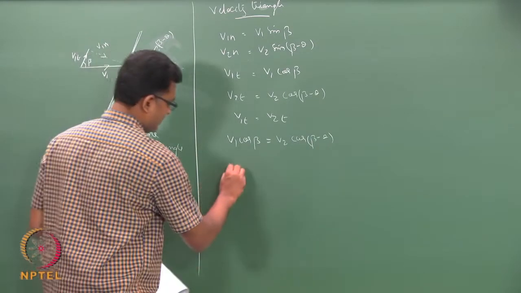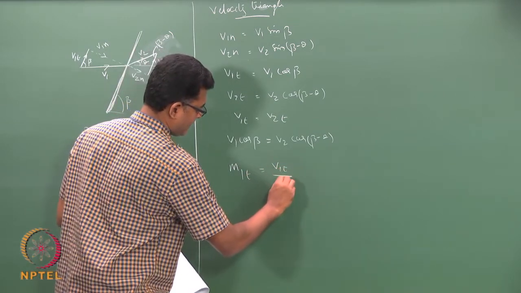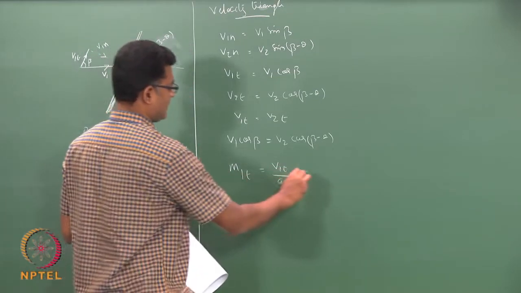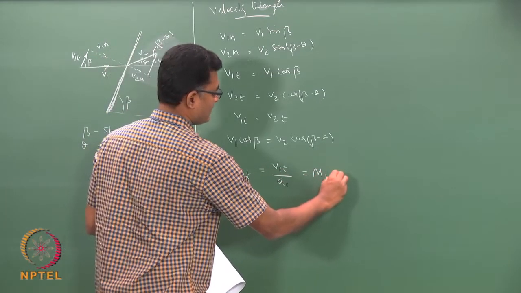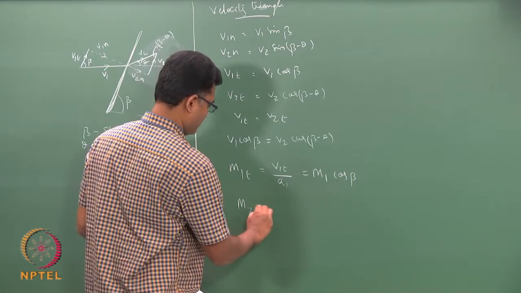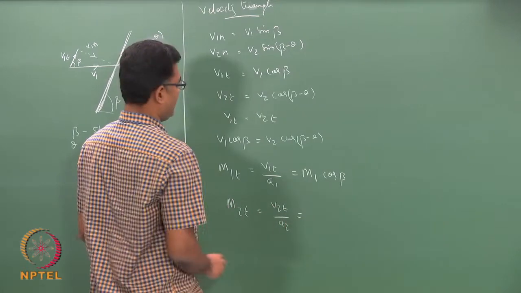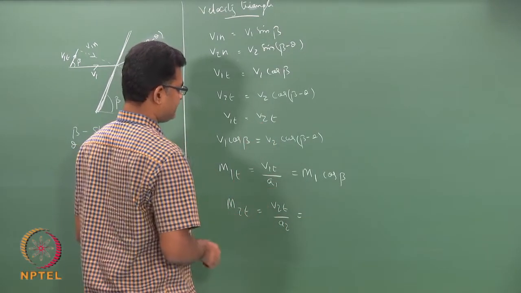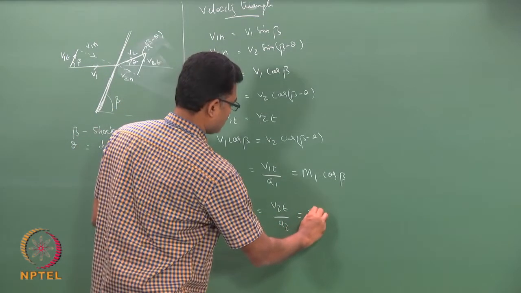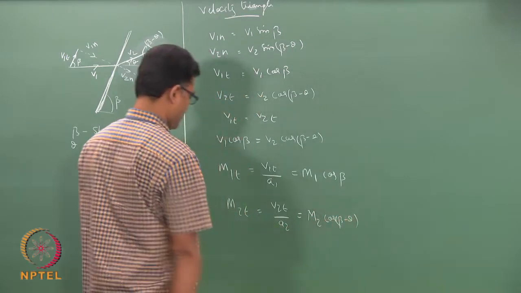And we have also seen M1t is nothing but V1t by a1, which is M1 cos beta. M2t is V2t by a2, which is M2 cos(beta minus theta).